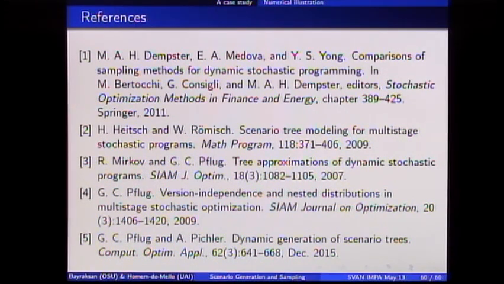So those are just some of the references. There are, of course, many more. I put some pointers here to some papers, especially recent ones like the ones by Flug and Pichler and so on. From here you can get pointers to earlier papers. It's a very rich area, this whole thing with the probability metrics and so on.